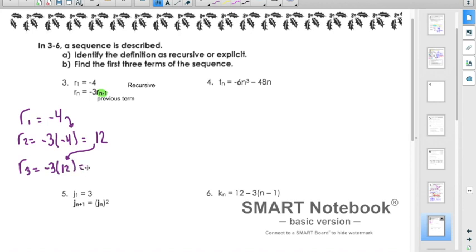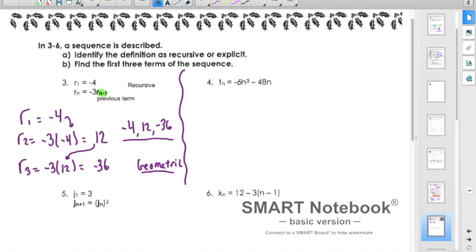So -3 times 12 is -36. So the first 3 terms in the sequence are -4, 12, -36. And if you could see, it didn't ask us for this, but this would be a geometric sequence because we're multiplying, right? I'm not adding, but I'm multiplying by -3 each time.